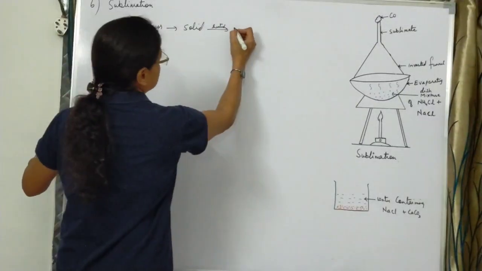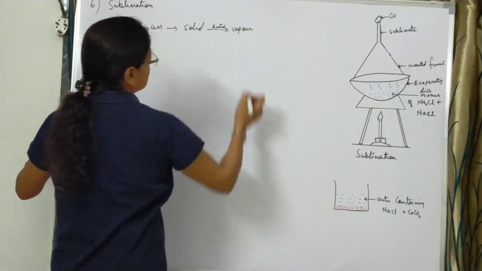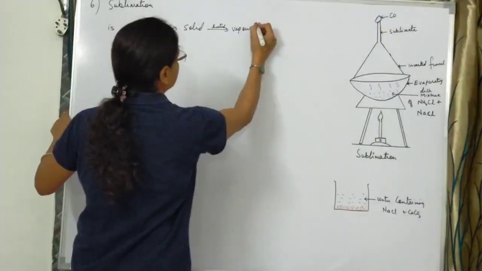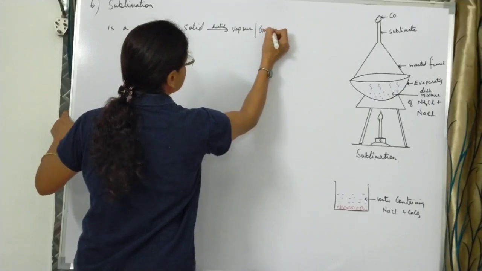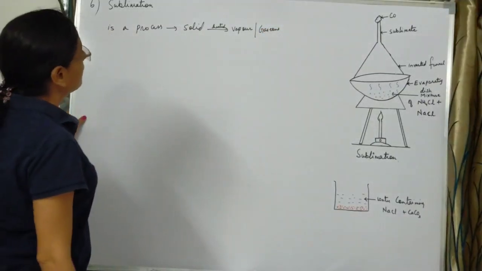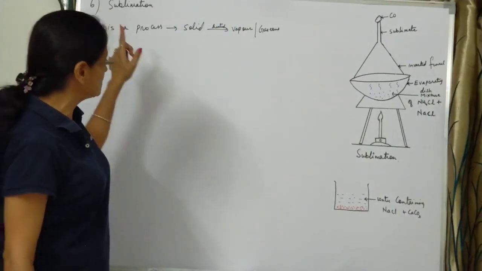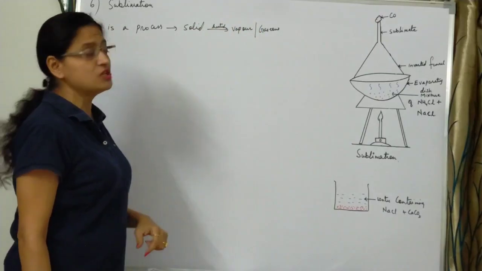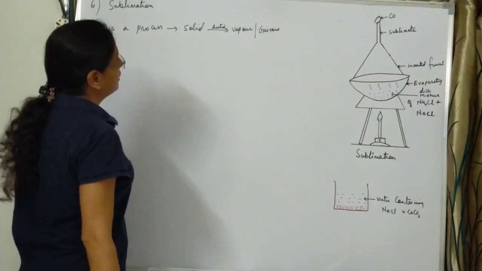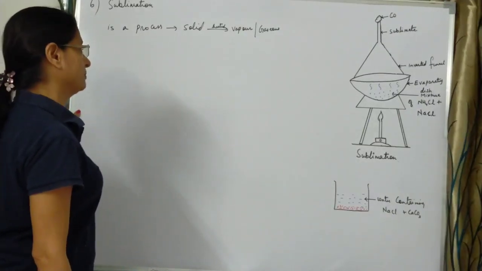It directly changes into the gaseous state, or into vapors. So this process, where a solid when heated changes directly into the gaseous state without going into the intermediate liquid state, we call sublimation.